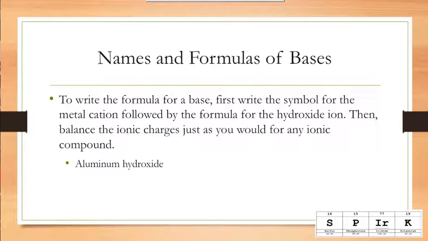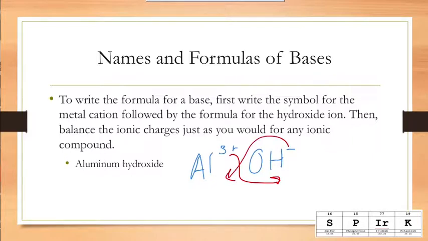So for aluminum hydroxide, we know that aluminum is Al, and it's in group 3A, so it's going to have a 3 plus charge. And our hydroxide anion is OH minus. So we're going to crisscross those charges, and we are going to end up with AlOH.